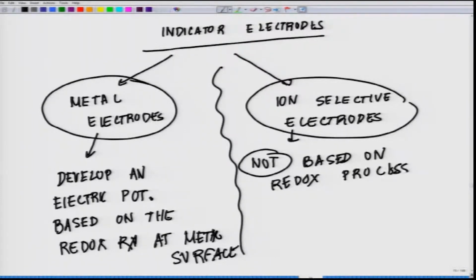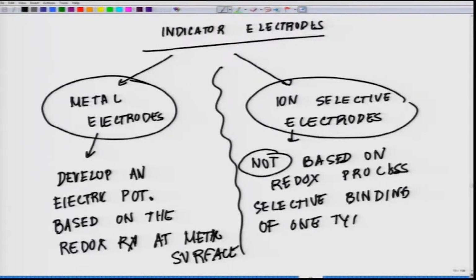Instead, selective binding of one type of ion to a membrane, thus generating an electric potential.